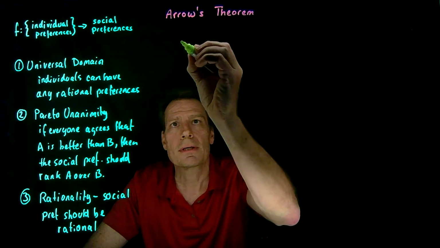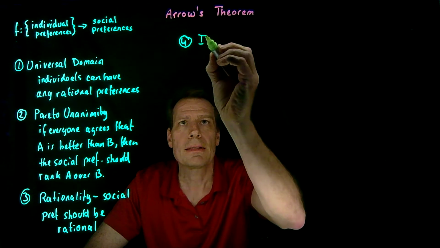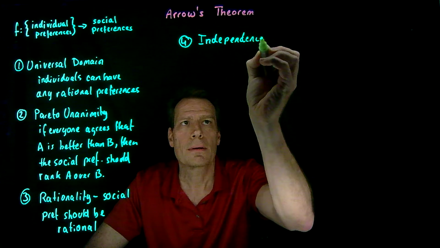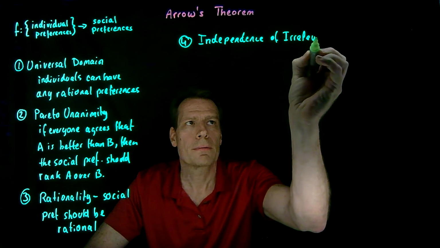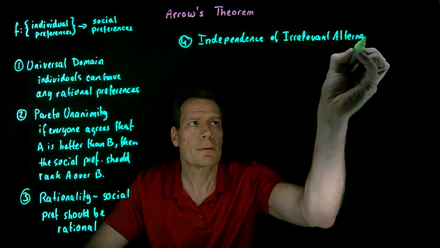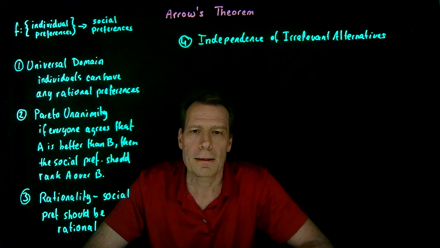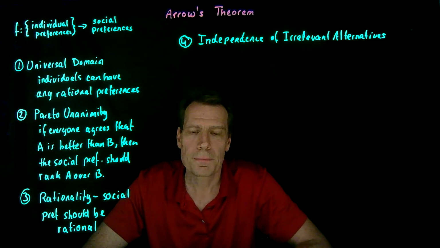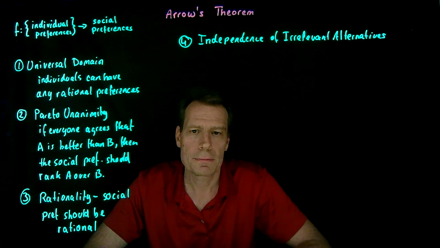The fourth assumption is perhaps the least well understood, and it's called independence of irrelevant alternatives. And it simply says that in the comparison of the social state A to B, how people feel about other social states should be irrelevant.